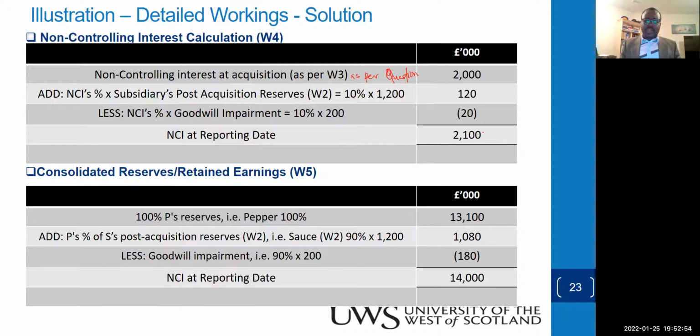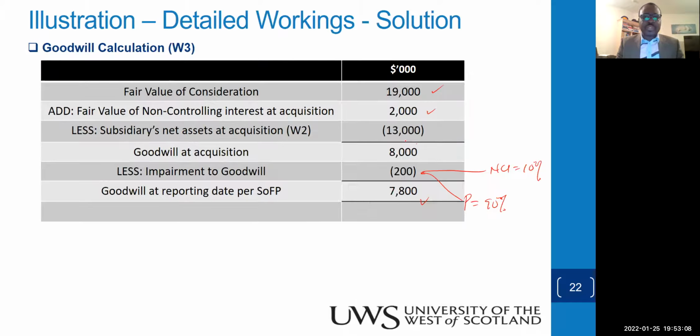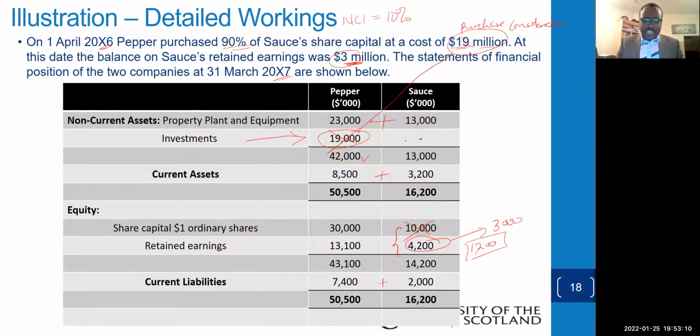Now, finally, we look at the consolidated reserves. We are not interested in the subsidiary's retained earnings when we are talking of the parent. So what was the parent's retained earnings? 100% of it. Go back to the question, and you see the retained earnings of the parent. We don't have to sum the two up, only that of the parent for now.